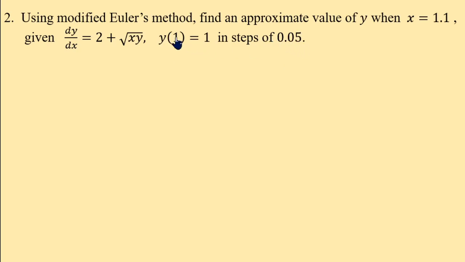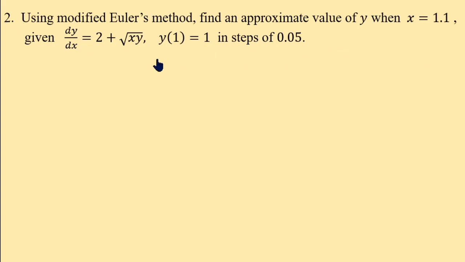So x naught is 1, x1 is 1.05, x2 is 1.1. Therefore, to find y at x2, that is y2, first you find y at x1, that is y at 1.05, that is y1. After calculating y1, then find y2.